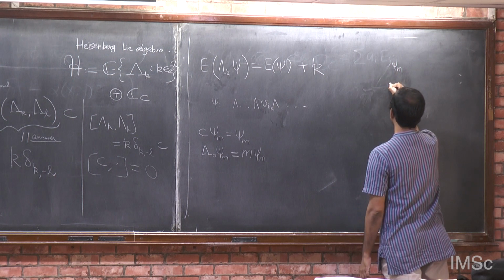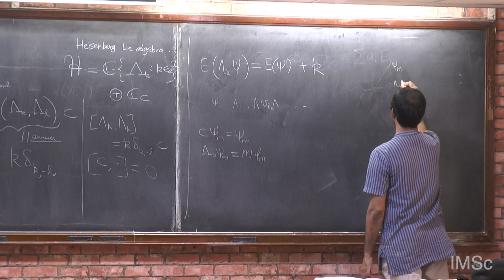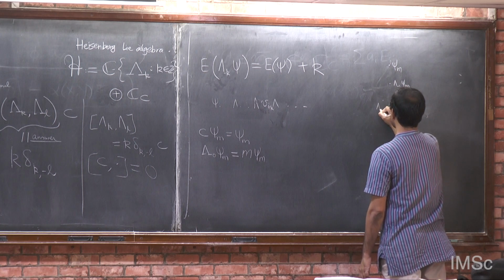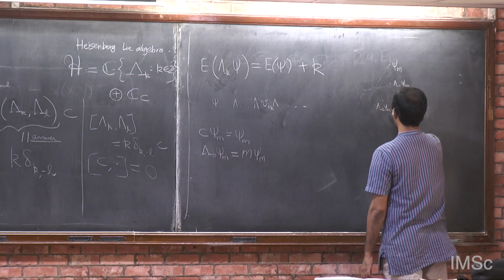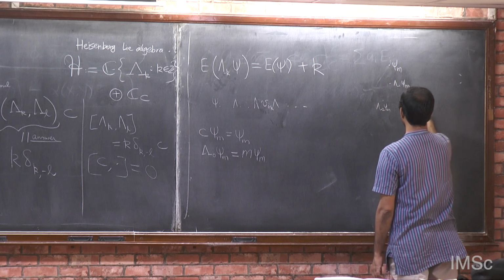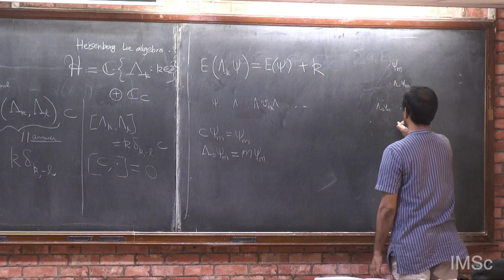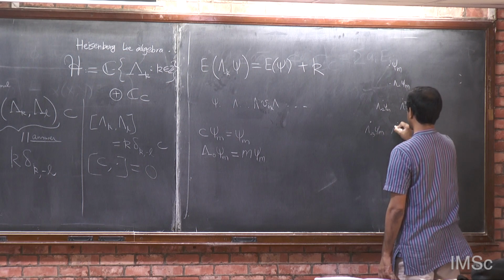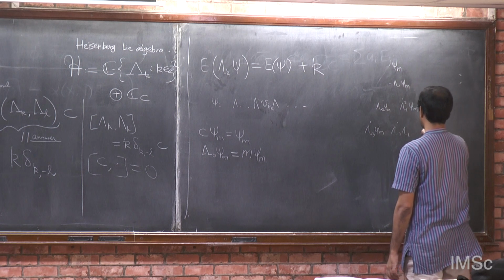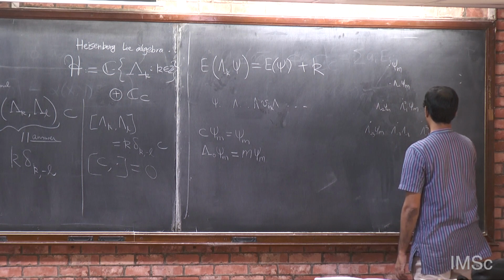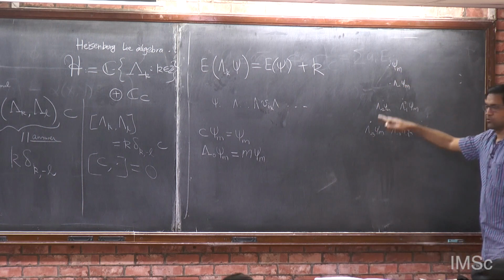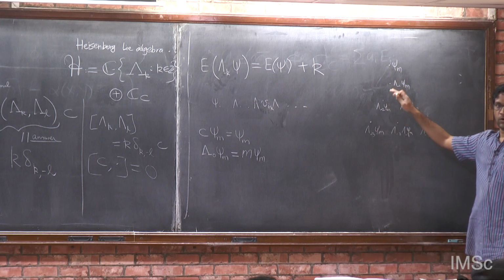So in energy 1 more than this, there's lambda minus 1 psi m, and then in energy 2 more than this, there's either lambda minus 2 psi m or lambda minus 1 squared psi m. Then in the next energy there will be 3 guys, lambda minus 3 psi m, lambda minus 2 lambda minus 1 psi m, lambda minus 1 cubed psi m. Okay, and so on.